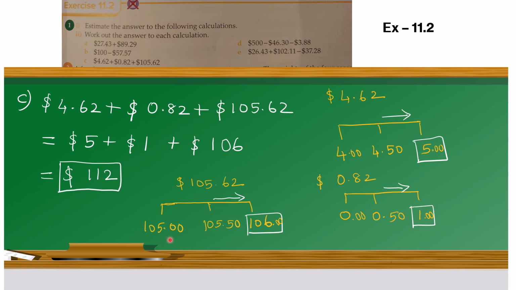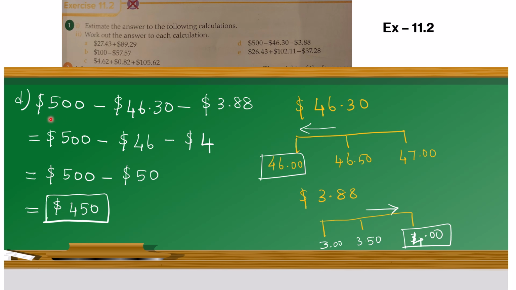So 105.00, 105.50, 106.00. Now 105.62 is more than the middle number. So we have to take the number as 106.00. So that is $106. Now what is our step now? $5 plus $1 plus $106. We have to do the addition for the sum. Then the final answer is $112.